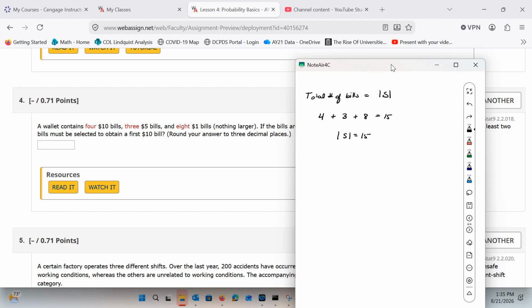So that's my first observation. Cannot be a $10 bill. This implies it was a $5 bill or a $1 bill. And I already know that I have 11 of these type, 11 choices here.